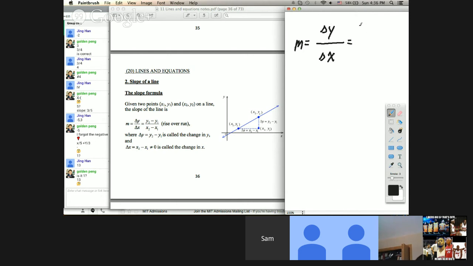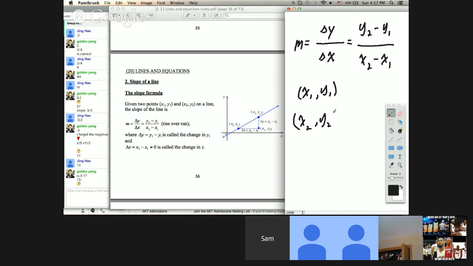So it's basically the change in y, which is, in this case, y2 minus y1, over the change in x, so how much x changes, which is x2 minus x1. And given that the points are (x1, y1) and (x2, y2).